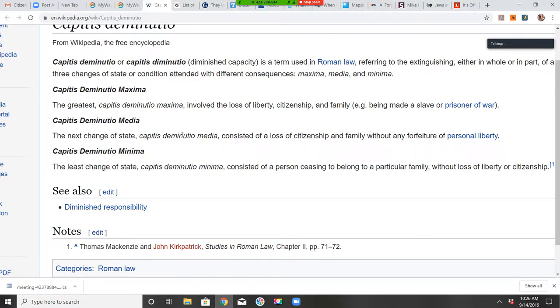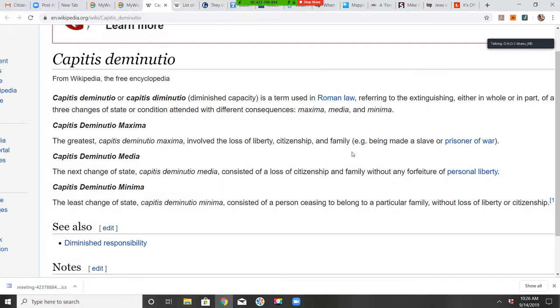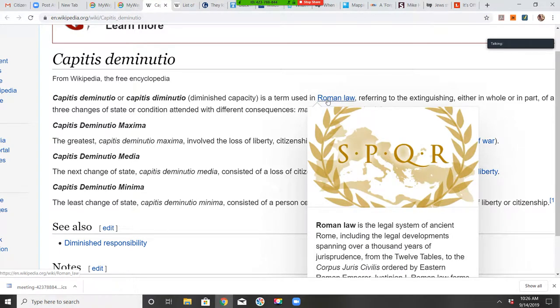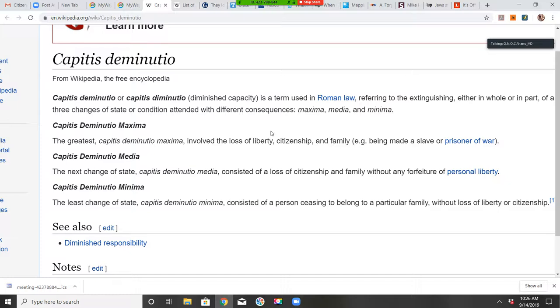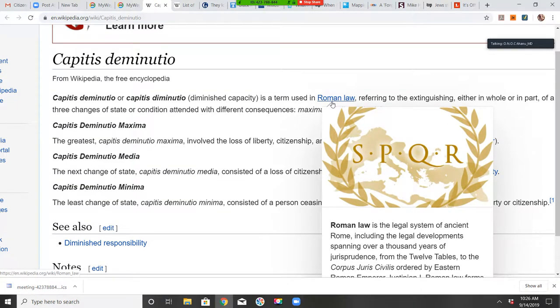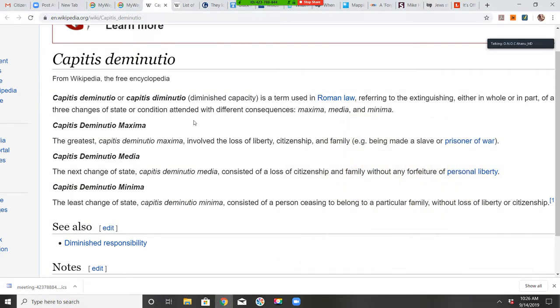And watch this: our country was set up and copied after Rome, and so our system of law is borrowed from Roman law. Now you understand who we borrowed from, and if you want to understand our country better, study Rome.